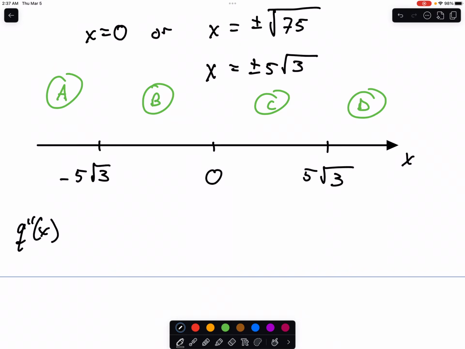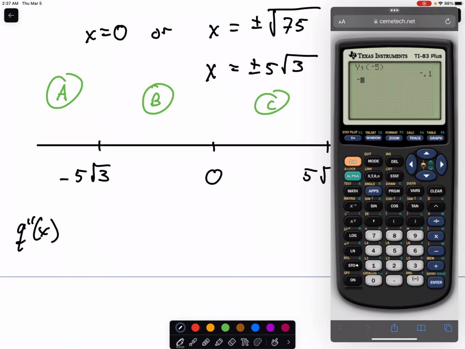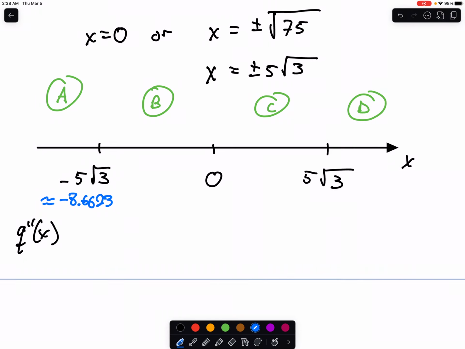In region A, negative 5 times the square root of 3 is approximately negative 8.6603, and so positive 5√3 is positive 8.6603. That's kind of close to 9, so we could choose 9 itself. I'm just going to choose 10. So let's choose negative 10.